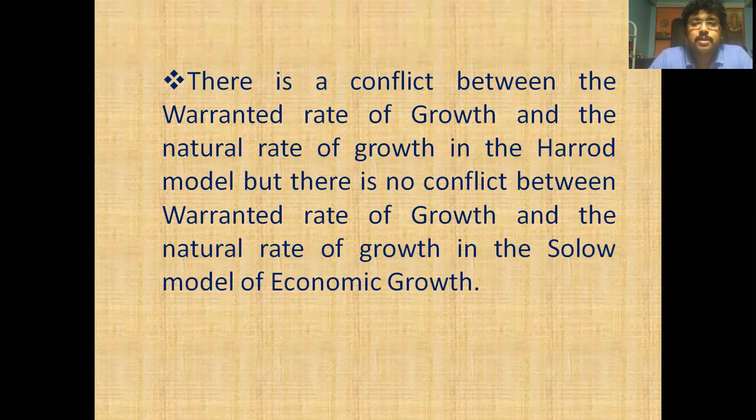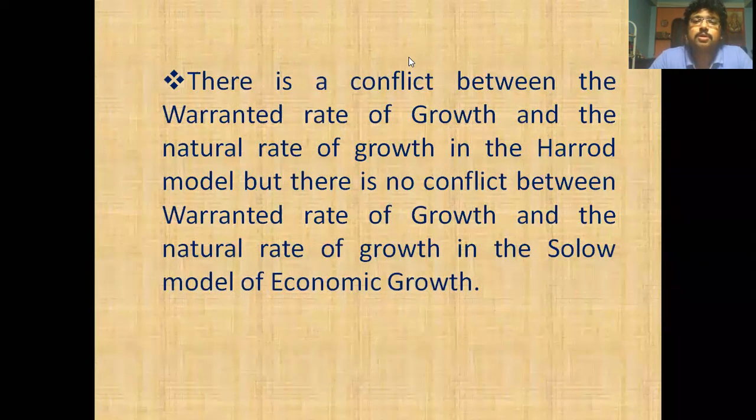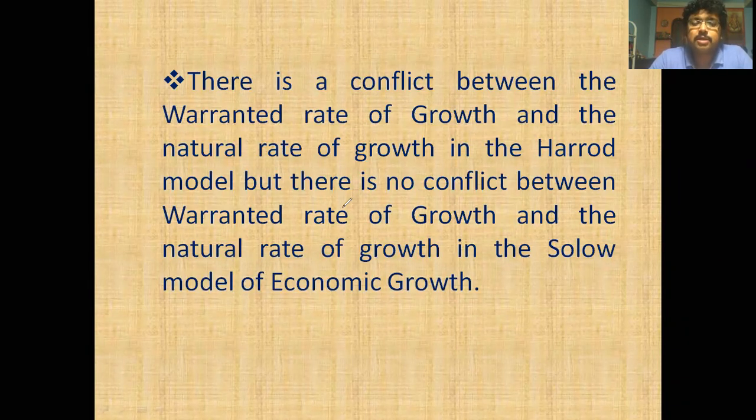Look, in the Harrod model of economic growth, the economy can sustain a particular warranted rate of growth when the warranted rate of growth is equal to the natural rate of growth, or it is less than the natural rate of growth.